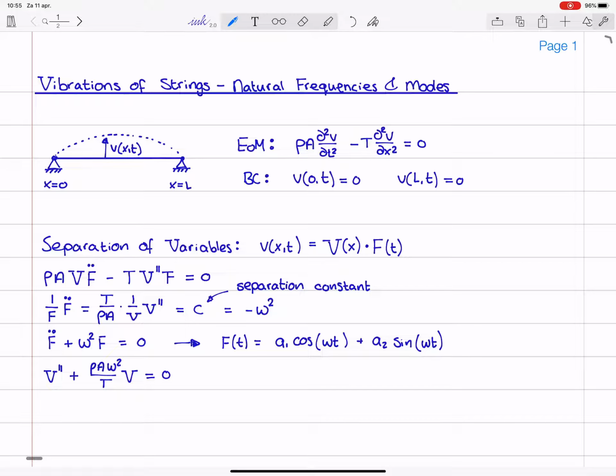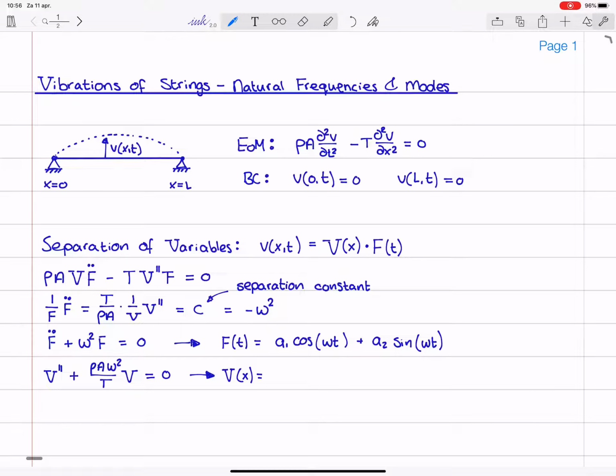Now also this is a second order ordinary differential equation, but now for the variable x. But the general solution is very similar, and I can write it as a sine-cosine combination now in terms of x, and the argument should be the square root of this times x.